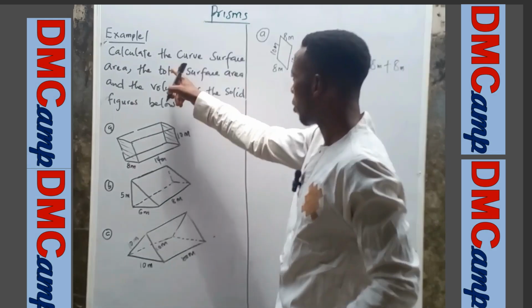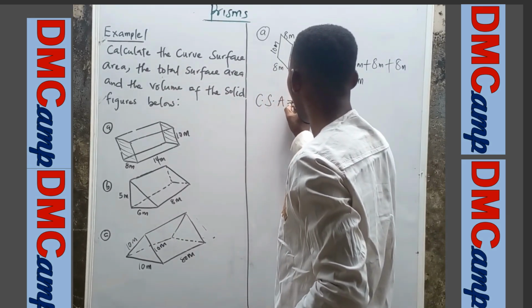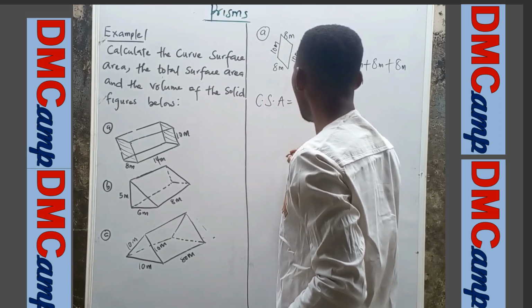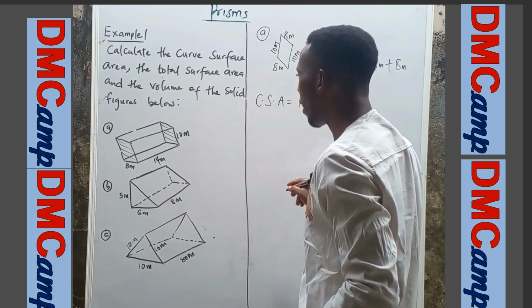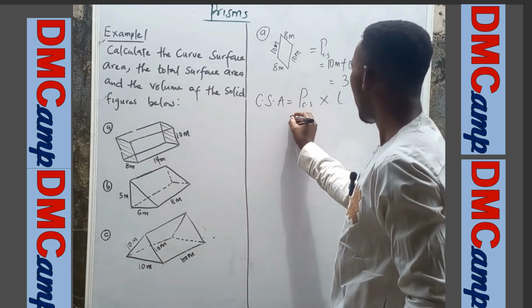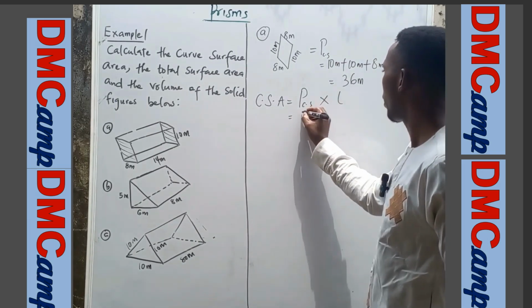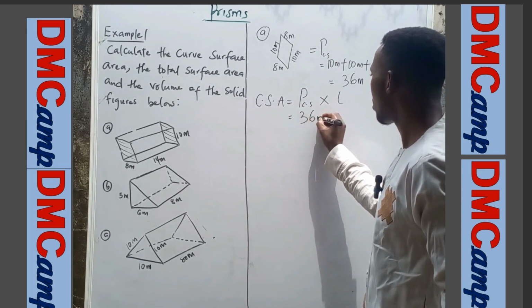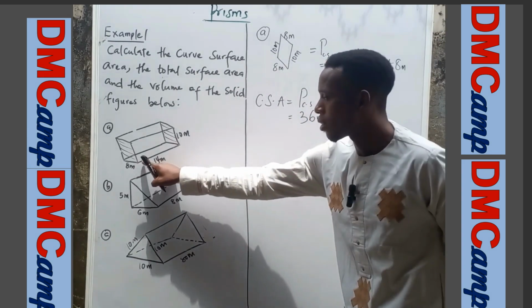And the formula for calculating the curved surface area: curved surface area equals the perimeter of the cross section multiplied by the length here. So here I have the perimeter of the cross section to be 36 meter. Multiply by the length.